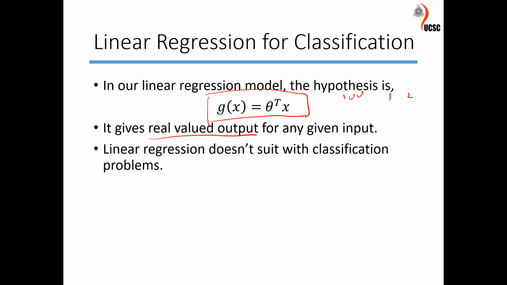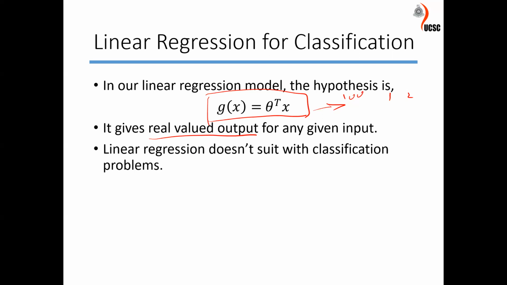But now we come to a classification problem, right? Suppose you have two classes, for example healthy cells and cancer cells. If you have only two classes, in that kind of scenario, you can't use linear regression, right? That's not the correct approach. Our linear regression gives any real value, but in a classification problem, you have two classes.